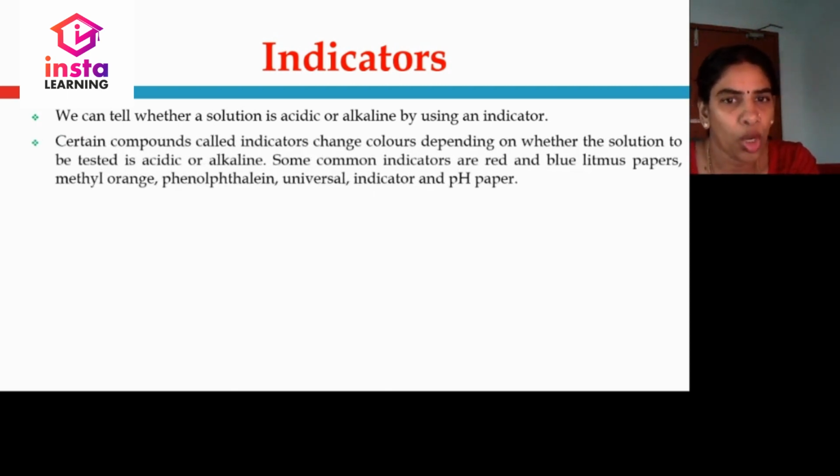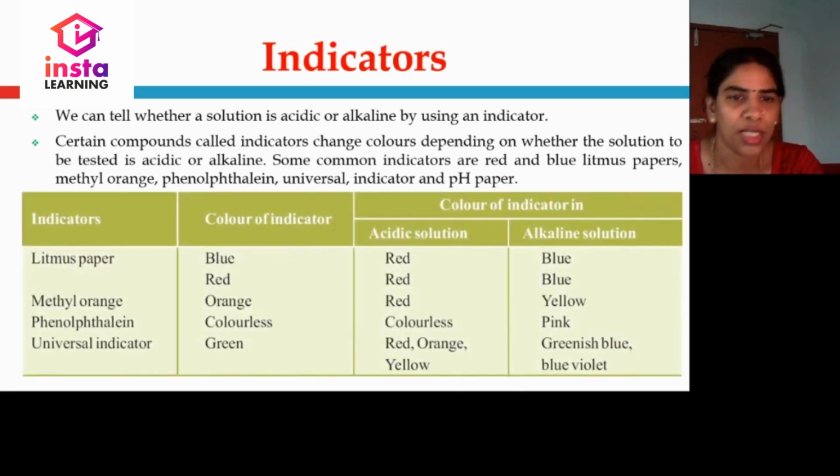Certain compounds are called indicators because they change colors depending on whether the solution being tested is alkaline or acidic. For example, the common indicators are red and blue litmus paper, methyl orange, phenolphthalein, universal indicator and pH paper. These are all common indicators.